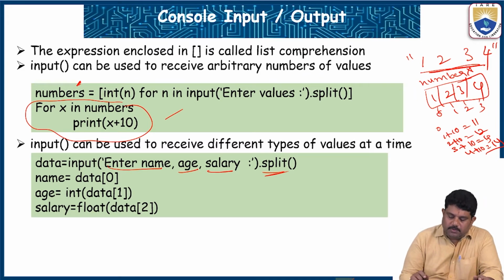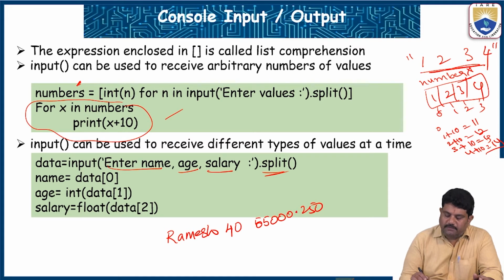So suppose I enter like this, Ramesh, 40, salary 55250.50, like this I enter. The entire thing is returned as a string by the input function.